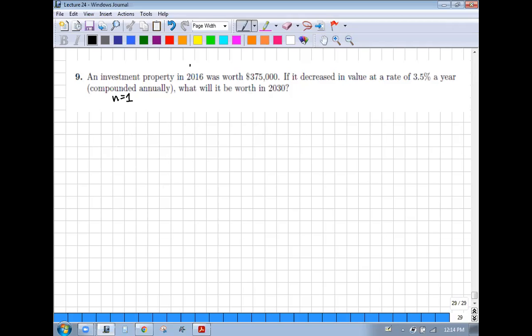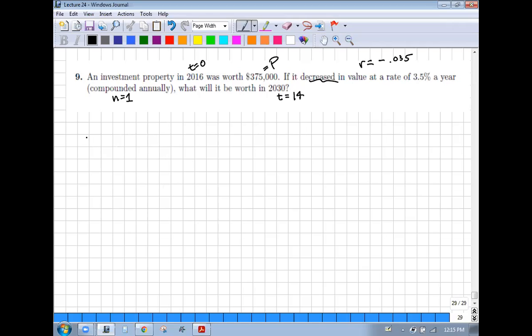So 2016 is time 0. 2030 would mean, how many years later is that? 14 years later, right? So at time 0, it was worth this much. This is our principal, basically, 375,000 bucks. It decreases, so our interest rate here is negative 0.035.